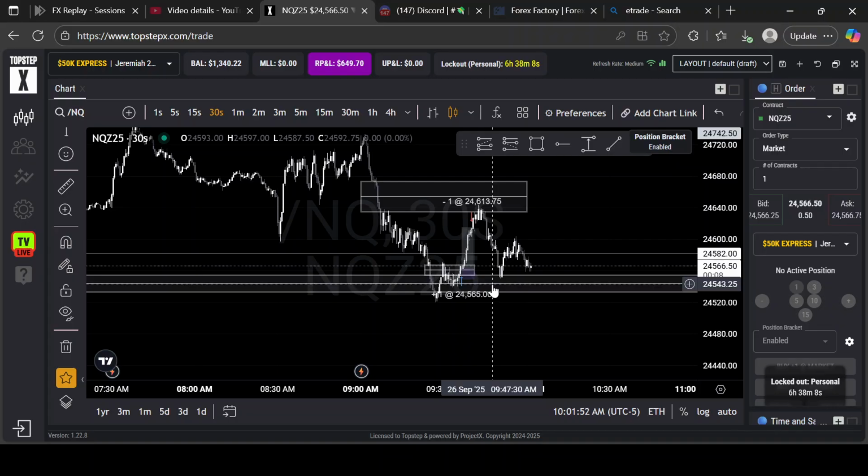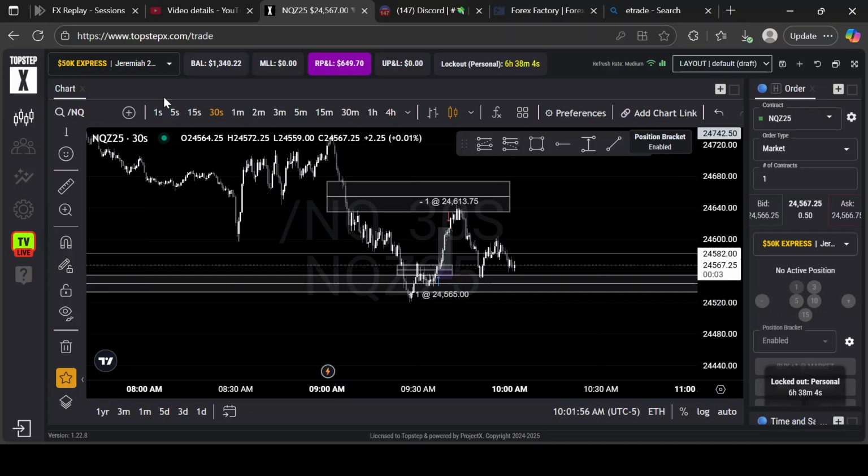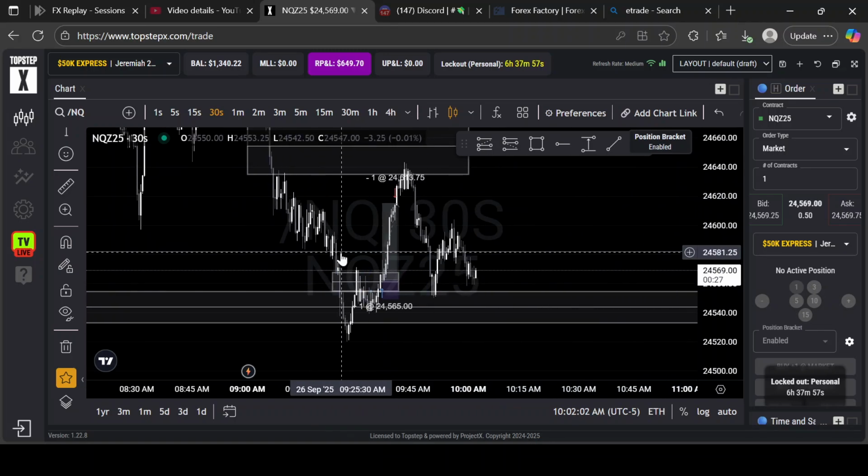I'm not gonna lie, every single time I trade New York or practice trade, I say practice trade because whenever I'm at work, I don't really have time to actually trade or look at the charts. So during lunch, I'd hop onto a practice account since I'm locked out on my Express, and I try and take trades.